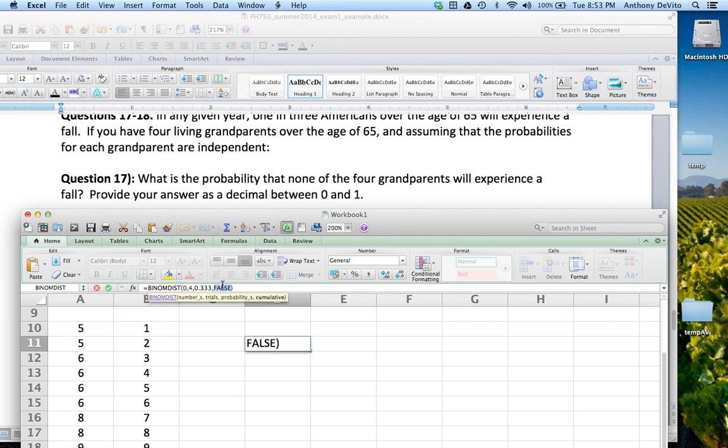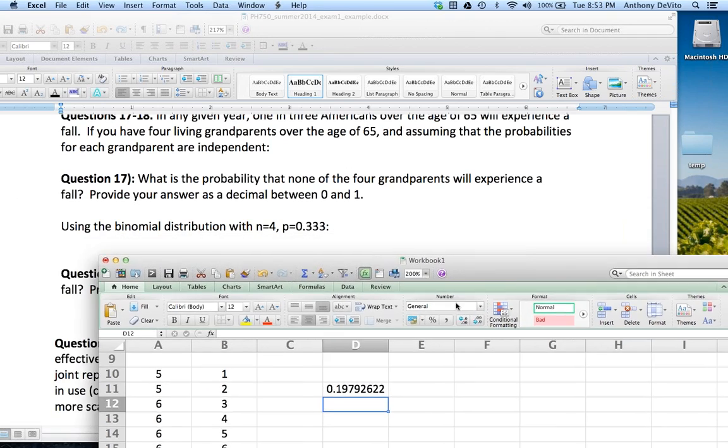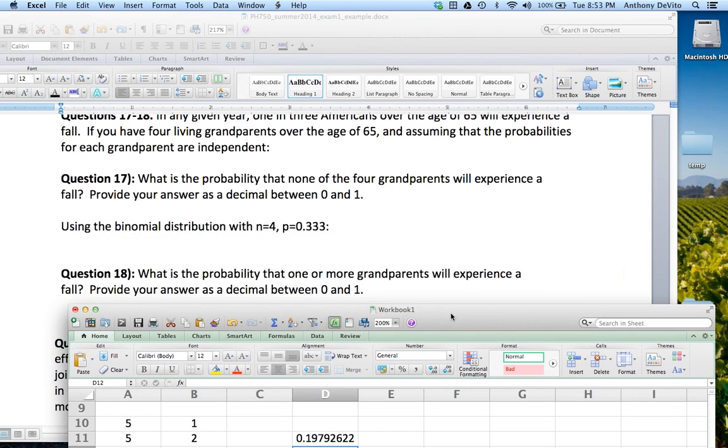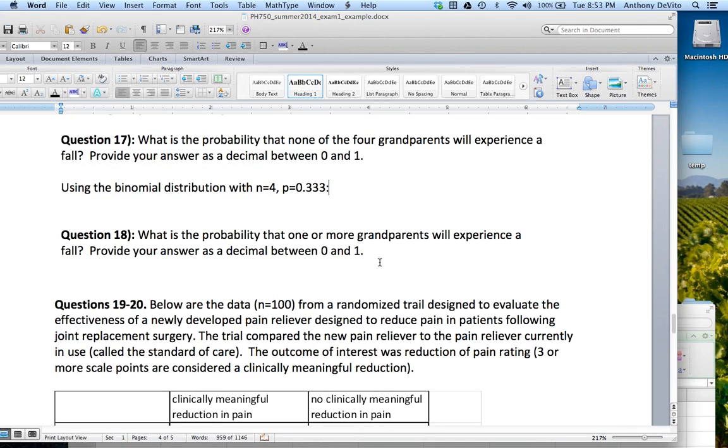And if I had put in true instead, I get the same answer because there is nothing below 0. So cumulative and not cumulative for that number is the same, since that's the lowest number you can get anyway, right? But if it were more than 0, if we were talking about 1 out of 4, 2 out of 4, 3 out of 4, then we would have to make a real decision about cumulative or not cumulative.